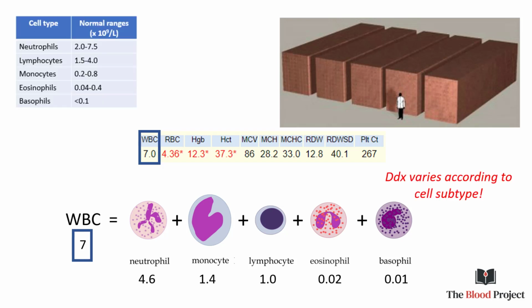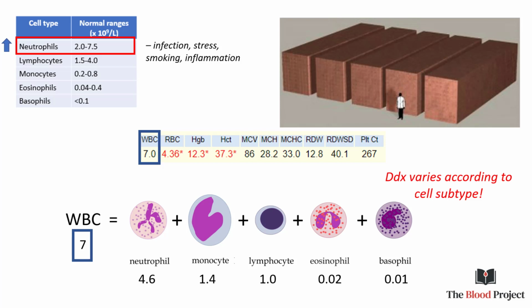Because any deviation from the normal range of these subset counts has important clinical implications that vary according to the cell lineage involved. For example, an elevation in the neutrophil count, or neutrophilia, is associated with infections, stress, smoking, and inflammation, among other conditions.